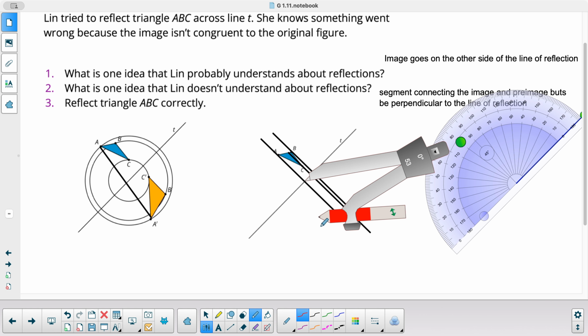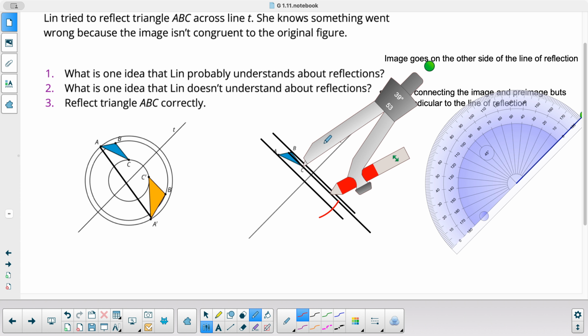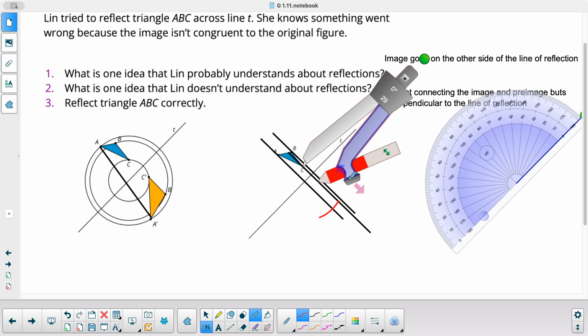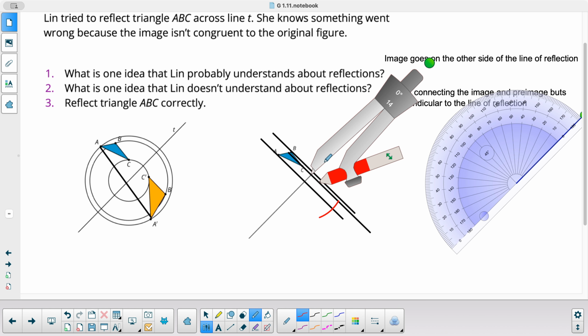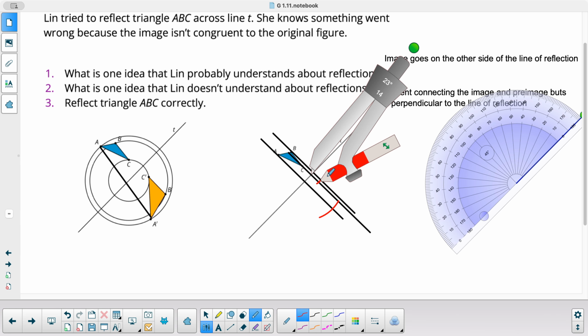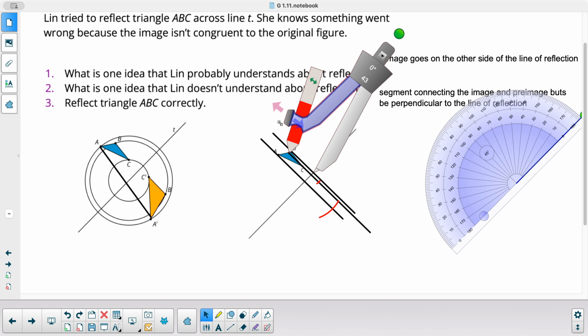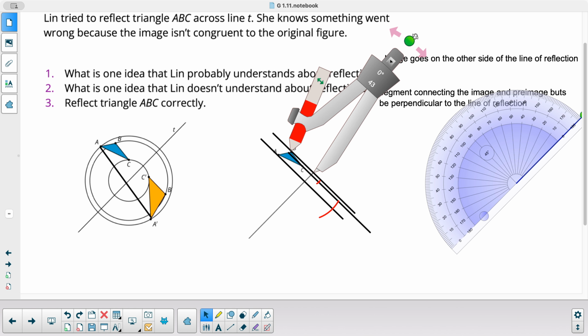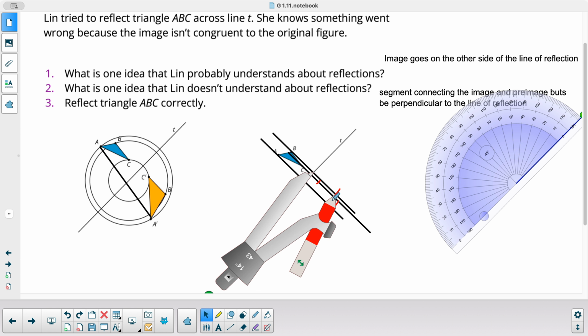Swing that over here. This will give me my A prime right there. Right there, that'll give me my C prime. And this will give me my B prime.